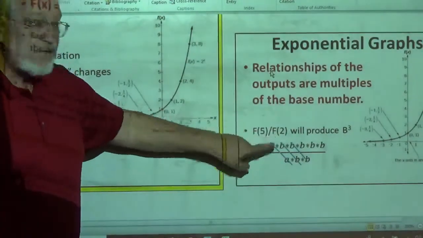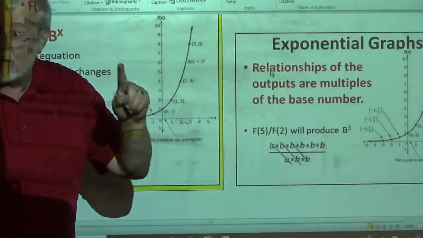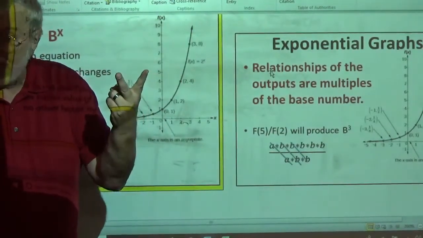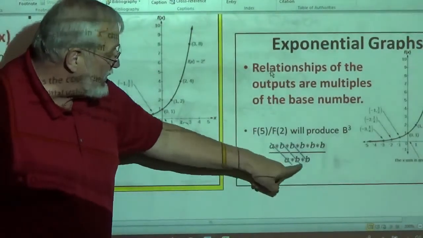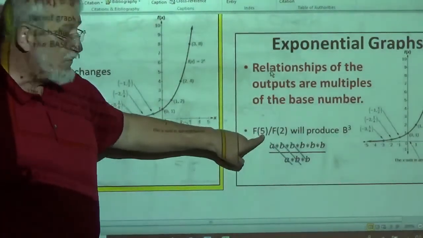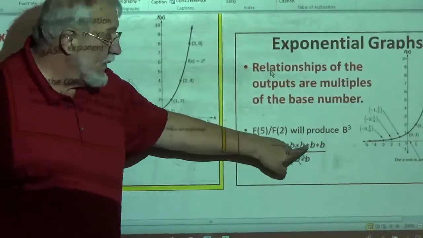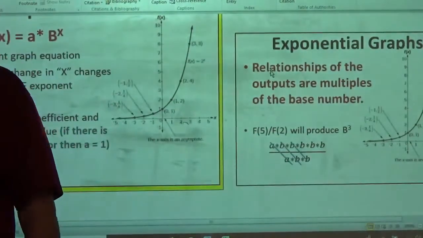Now, what about f of 2? It is a times only b times b. So when you cancel out the common factors, we find that if the value of x is increased by 3, it's the same as b to the third power.